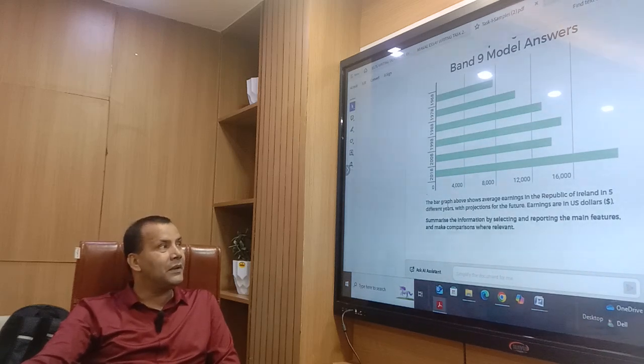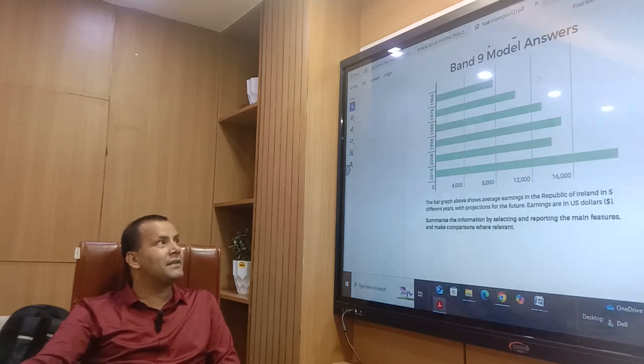So let me make you understand again. This graph says the people of Ireland earned money in 5 different years: 1968, 1978, 1988, 1998, 2008. 1, 2, 3, 4, 5. They have given 5 different years, and they have mentioned 2018 also, with projections for the future.